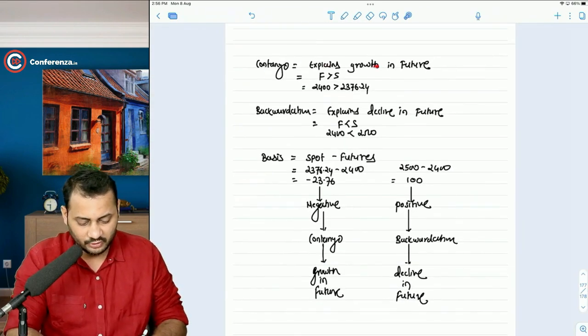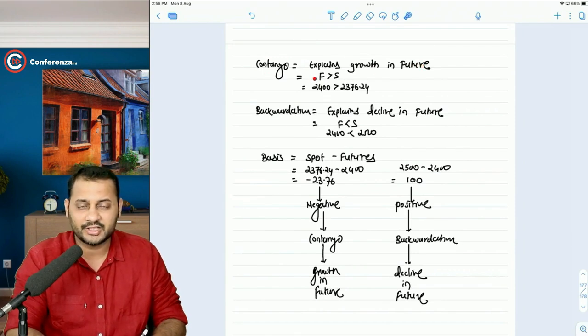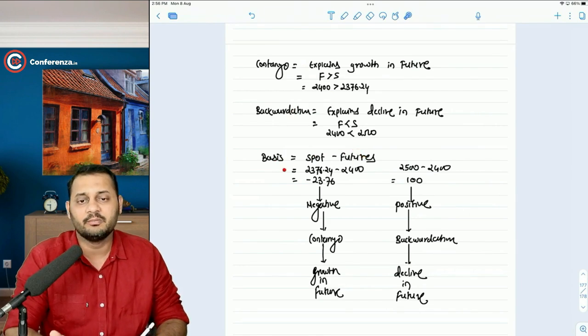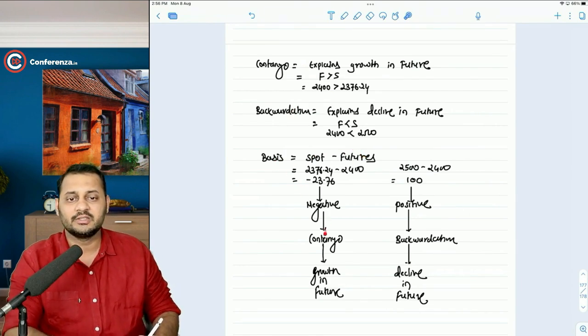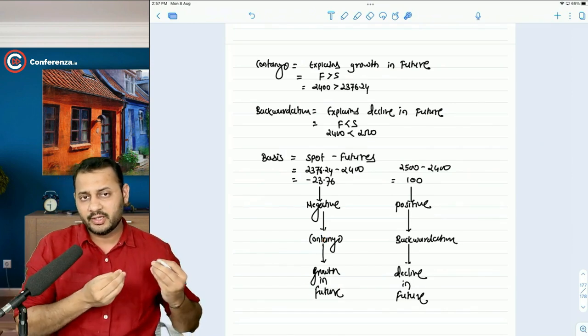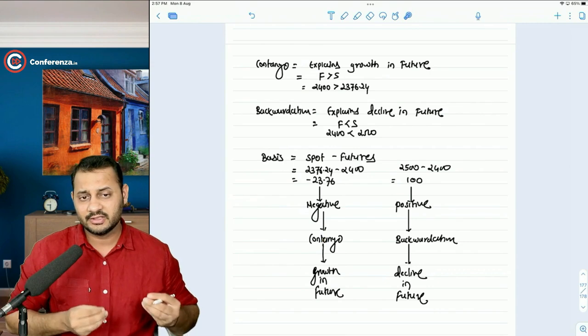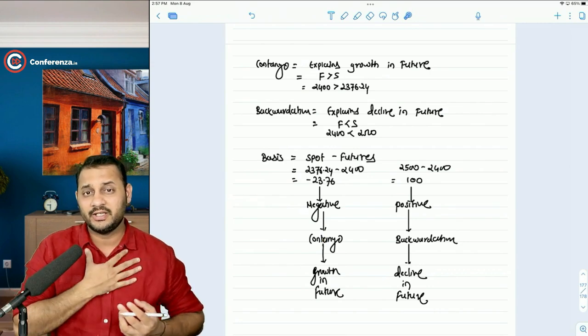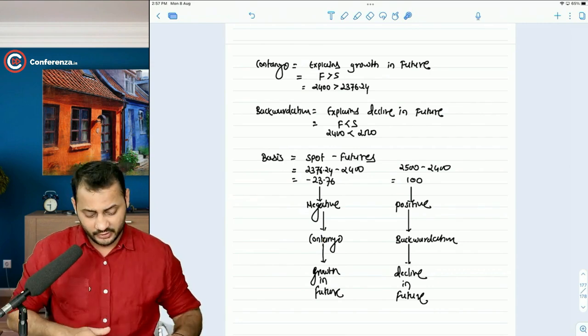Contango explains the growth in future. That means the future has to be higher than the spot price. And if it is higher, the basis will be negative because spot is placed in the first place. Spot minus future. Future, if it is higher, the basis will be negative. Negative basis means contango, which explains the growth. Now it is very important to pay careful attention in this case because this concept is playing with our mind. Why? I will tell you.